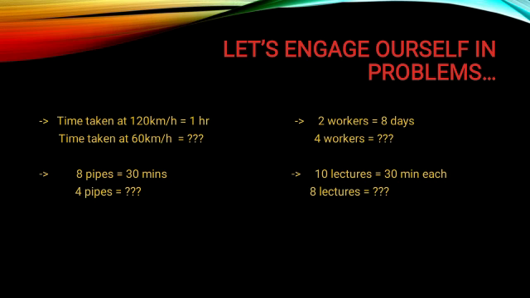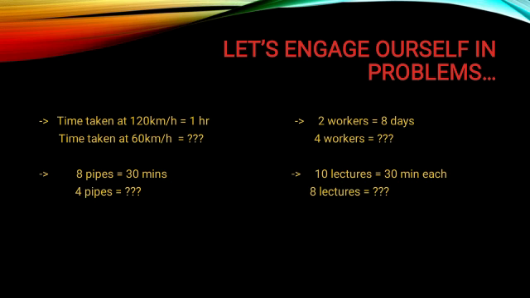After that, come to the last one, and that is totally from your general life. Every day, beta, you are going to school, attending the lectures, and in every school some fixed number of lectures are there. So here also we are taking the same example.